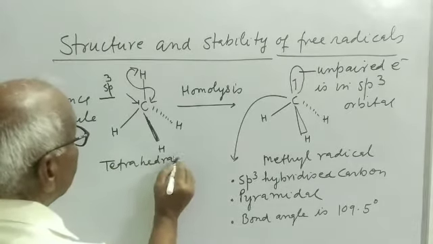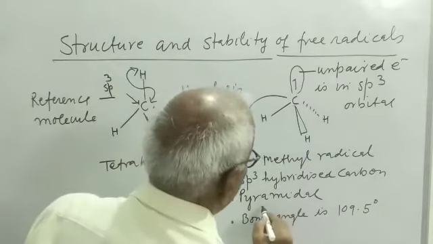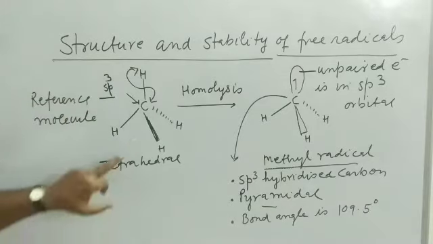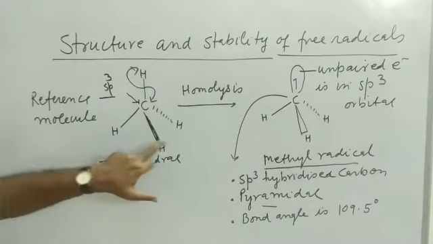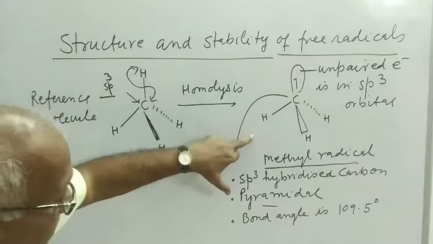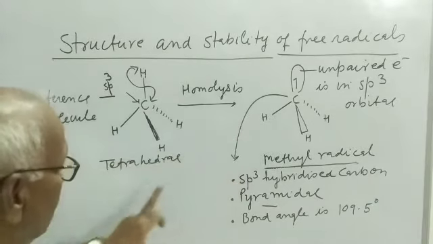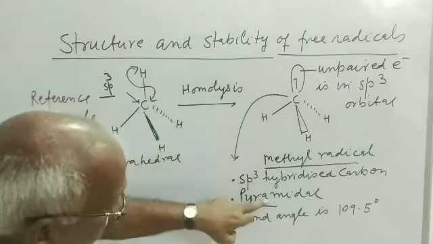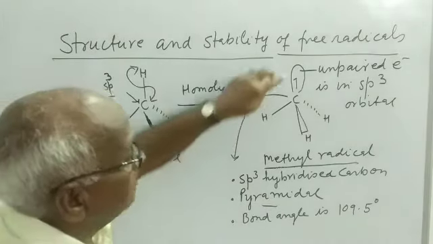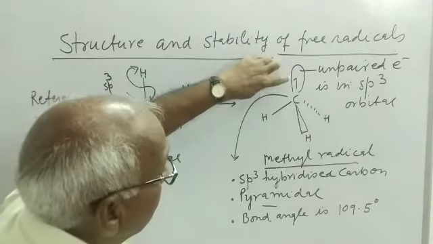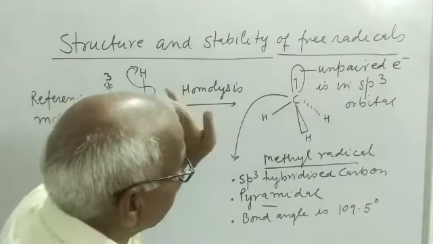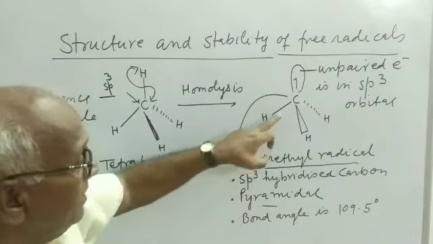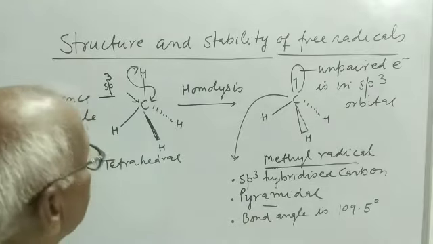This is tetrahedral, but in the case of methyl radical, the structure is pyramidal. So when methane changes into a methyl free radical, it changes its shape from tetrahedral to pyramidal. The unpaired electron is in sp3 hybridized state, so we can say that the hybridization of methyl radical is sp3.